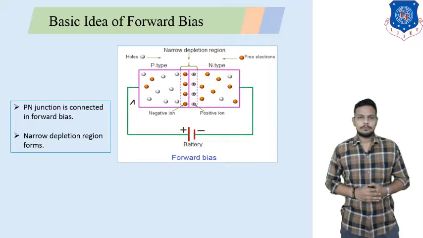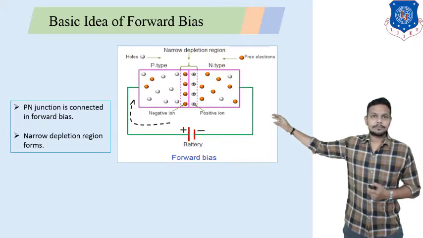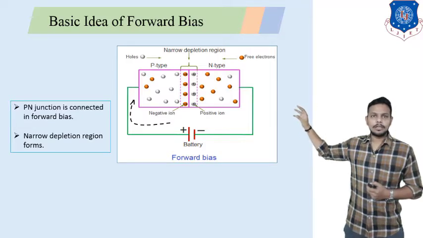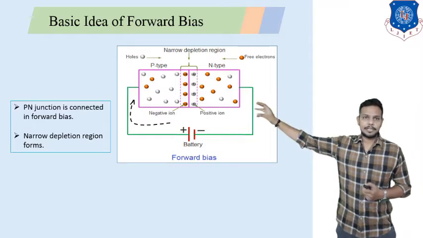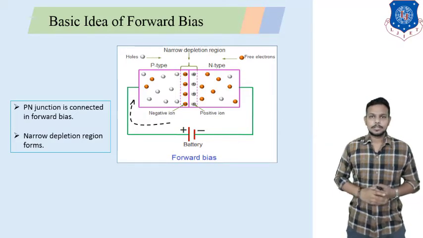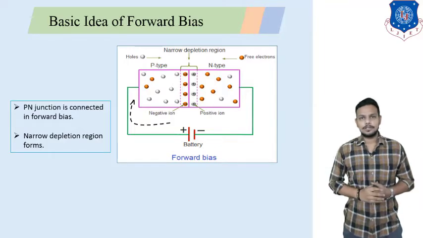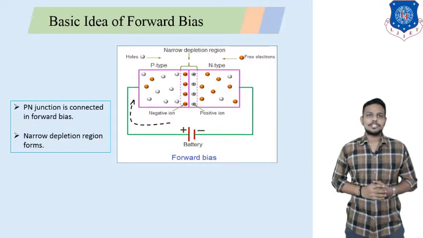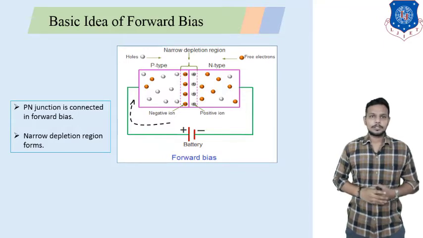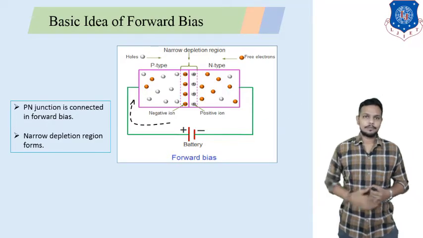When we do not connect any battery, electrons move to the p-type material and holes travel to the n-type material. Due to this, a depletion region is generated. After this depletion region develops, no electron can pass through it.